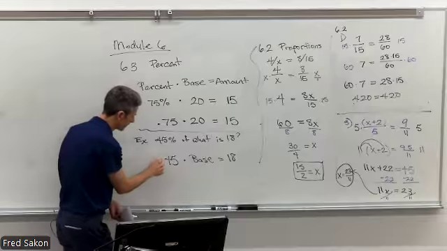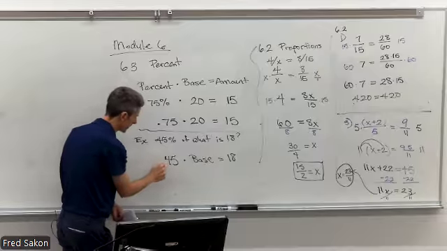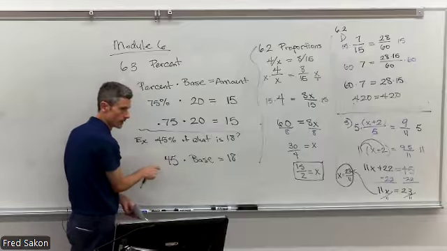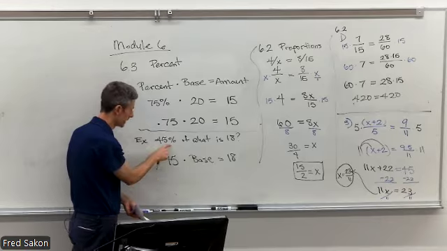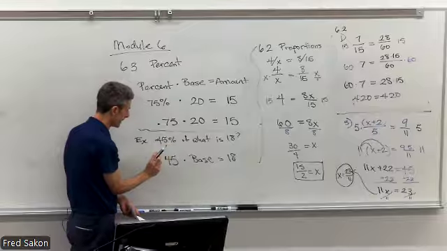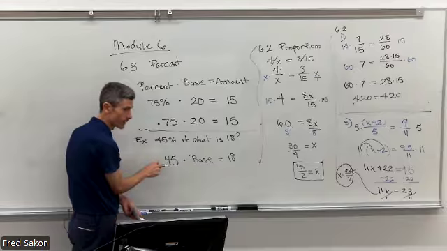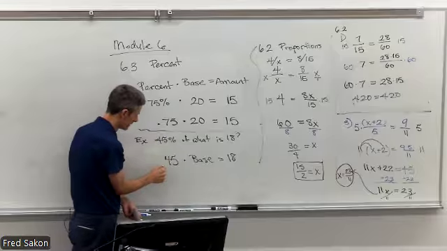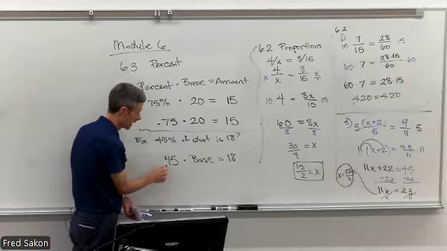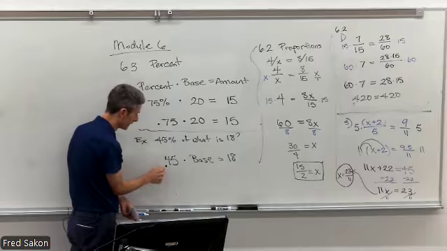What do I need to do with my 45 here to make this correct? Notice I didn't write down my percent sign. The 45 of the whole number is wrong, right? What do I need? Yeah, I need that decimal in there.